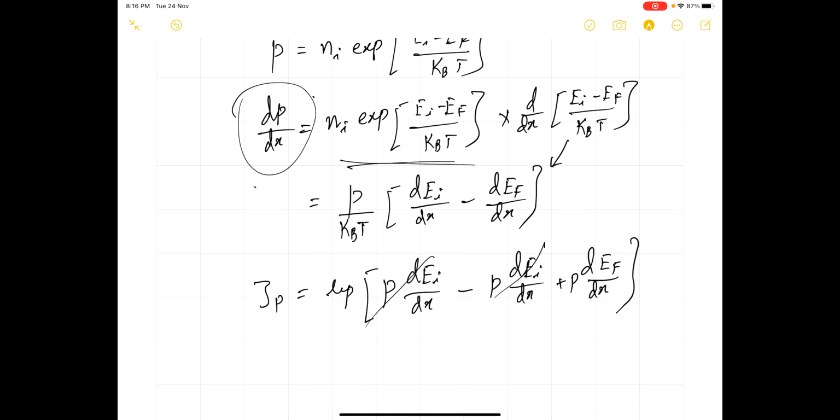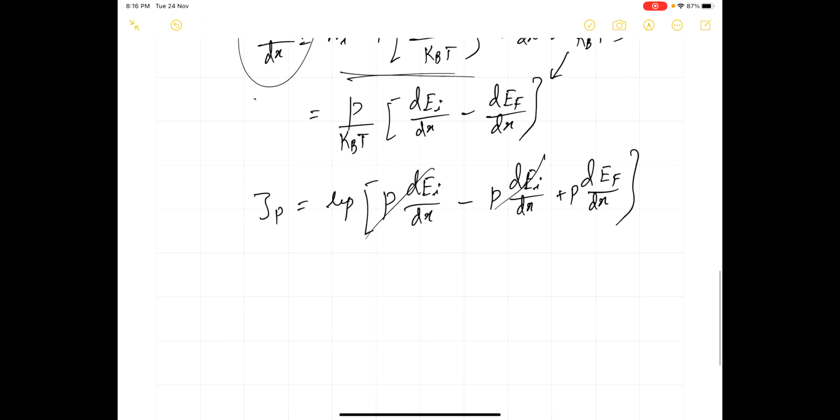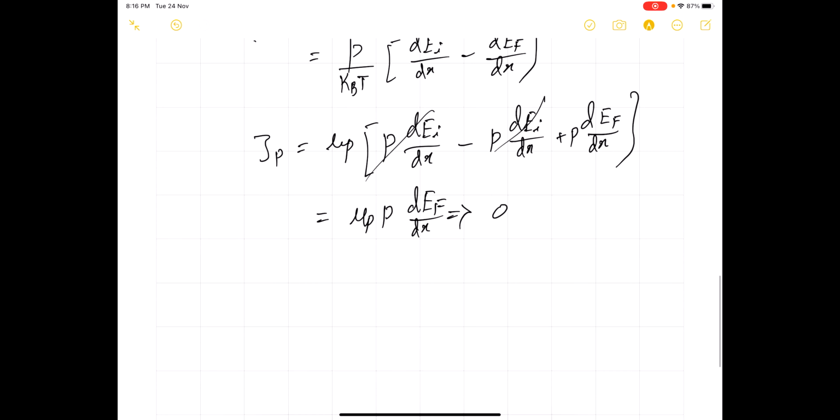So this goes away, and this is equal to mu p into p dEf by dx, and this term is equal to 0. So the net result is, as you see, dEf by dx equal to 0.